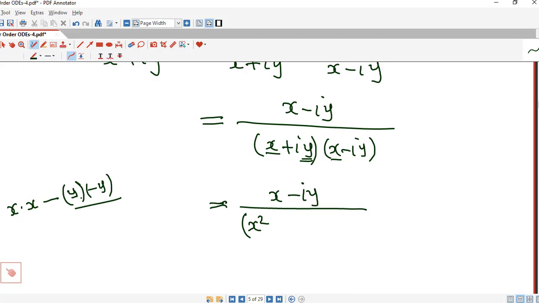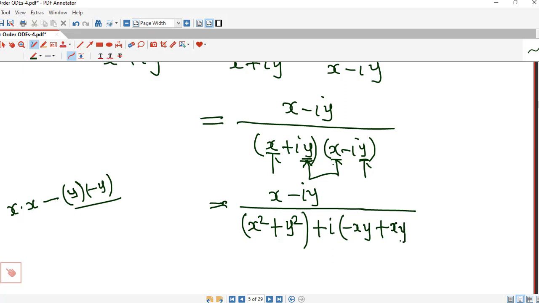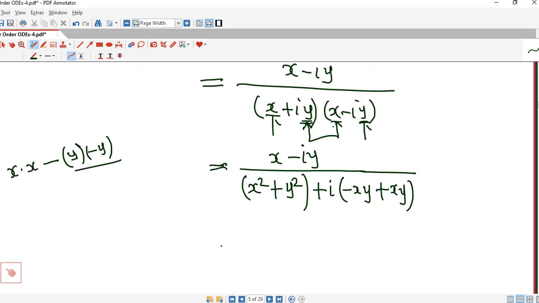So we have minus minus plus, so this is x square plus y square, plus i times real part of first into imaginary part of second. Here real part is x, here imaginary part is minus y. So x into minus y, that is minus xy, plus real part of second into imaginary part of first. So we have x into y. So this is going to be 0 and we have x minus iy over x square plus y square.